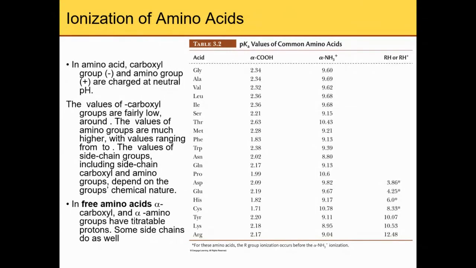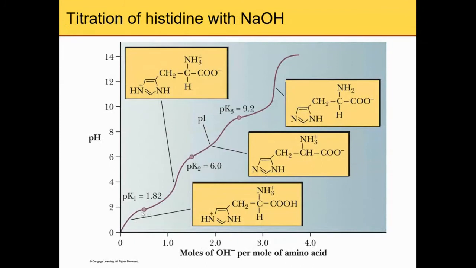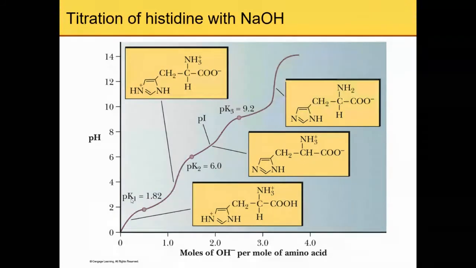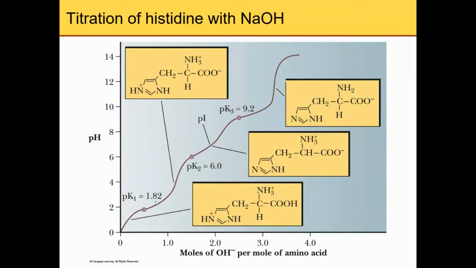There's different values at different areas. So the pKa for COOH, it will be dominant at 1.82, and for the NH3 plus, it will be dominant at like 9.2. Is that what you're saying? Okay. So pK1 is 1.82, right?